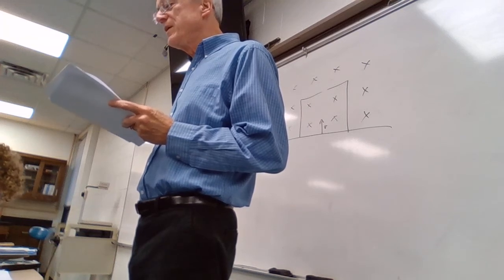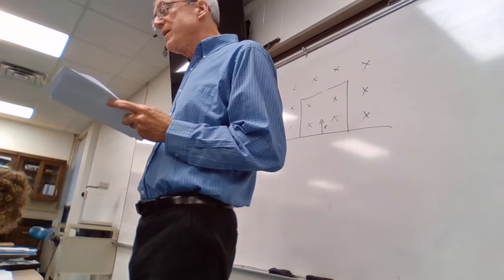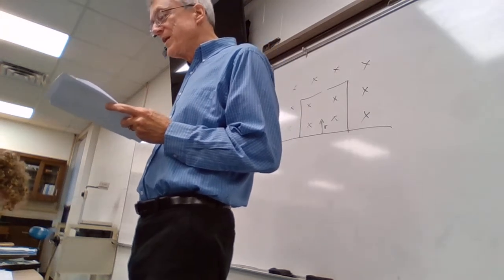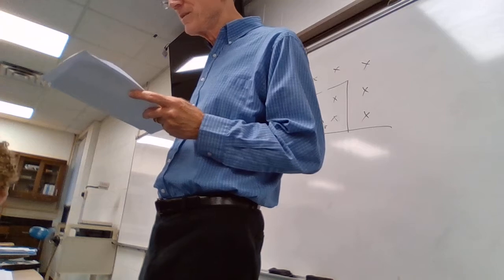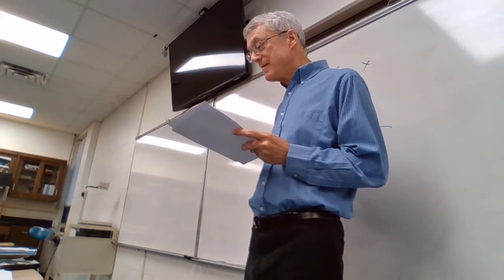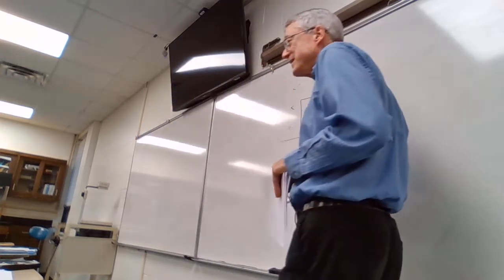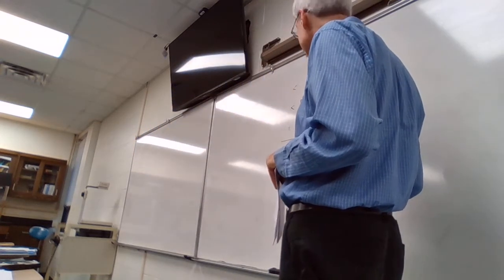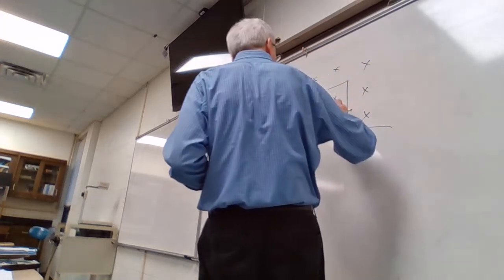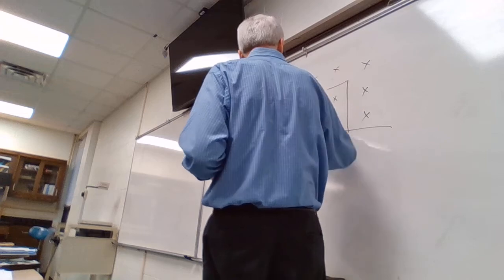All right, since Sophia just changed her arrow, let's ask her which way the arrow should be pointing. This is for the electric field E. I said it was going left or right. You have it going this way, so it's to the right. I just know it's horizontal.